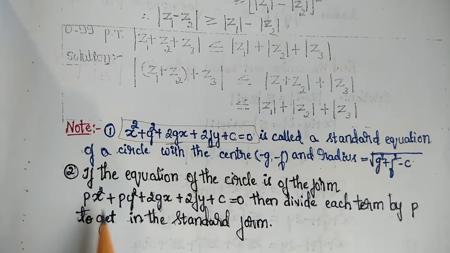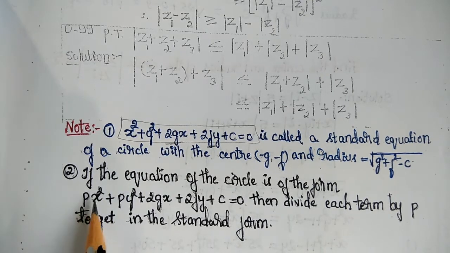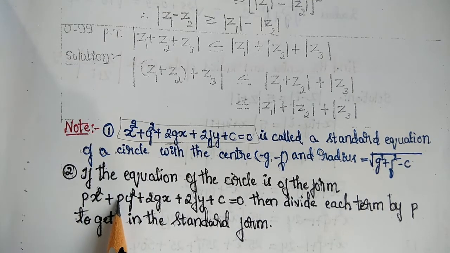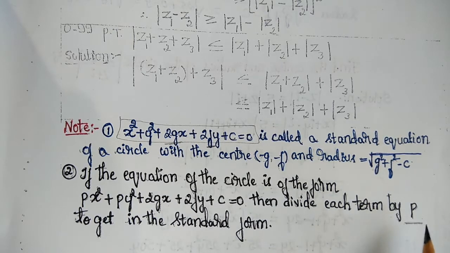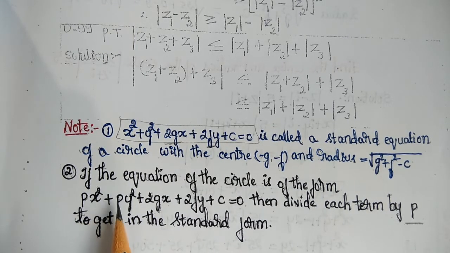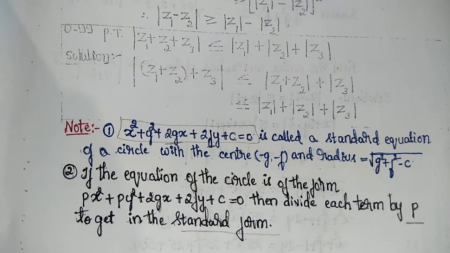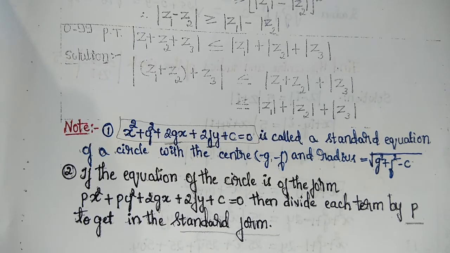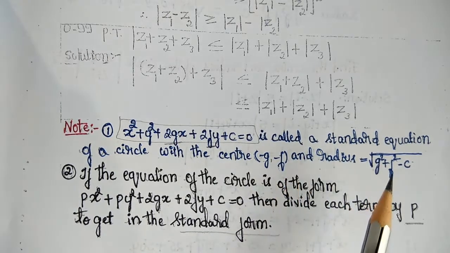If you have the coefficient of x square as p and y square as p, then divide each term by p. If you have the coefficient, say a, that is ax square, ay square, then divide each term by a. You will get the standard form of the equation of a circle. So this is the standard equation of a circle with center minus g comma minus f and radius square root of g square plus f square minus c.